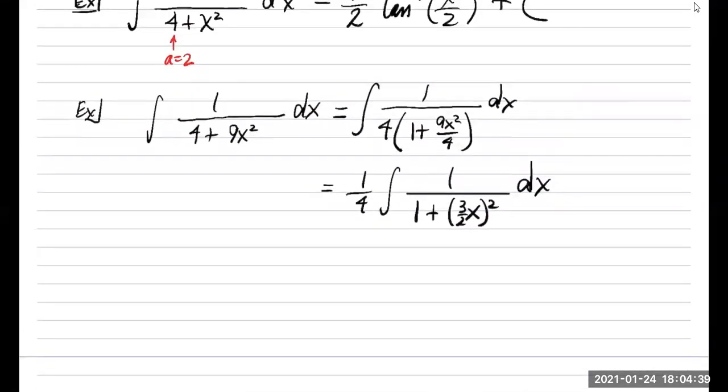Okay, what do I need on our numerator here? Yeah, good. We need a 3/2. All right, so let's multiply by 3/2 and 2/3 out in front to compensate. All right, we can go right to our answer.